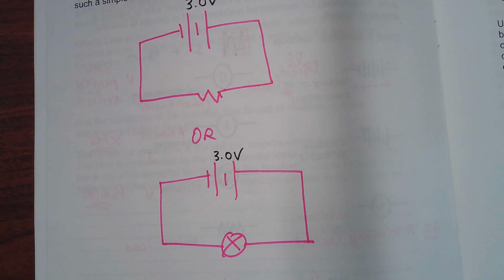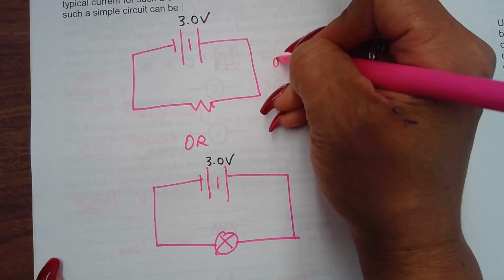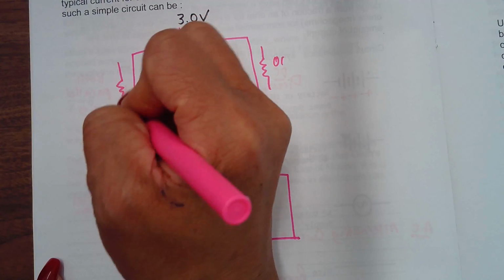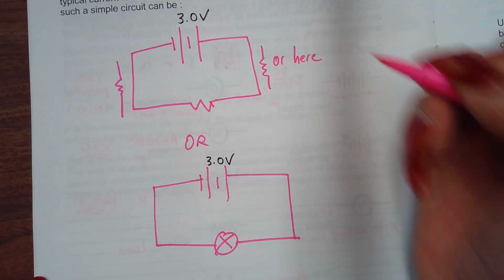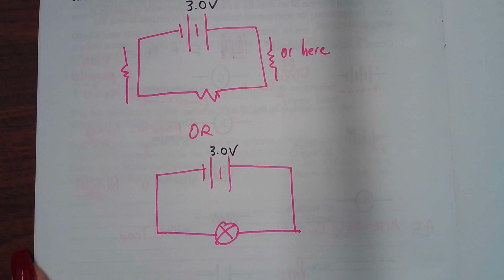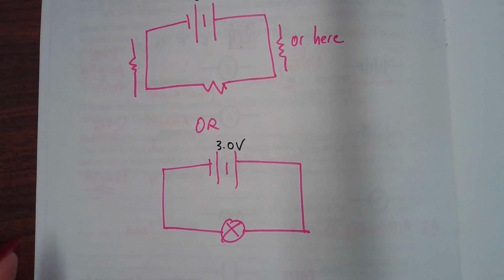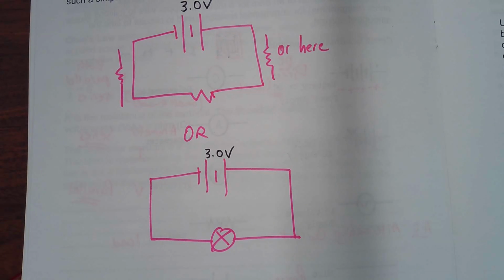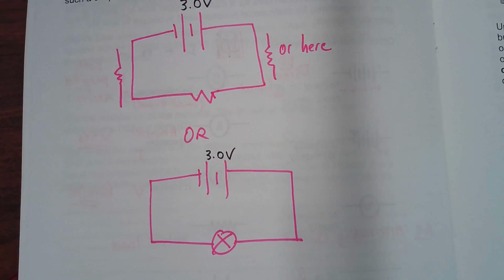You could put this anywhere. It could be here, or the resistor could be here or here. It doesn't matter, as long as it is in the path anywhere. So I just put it right there on the bottom. So there's a circuit. You got the three parts right there: the power source, the path, the wire, and the load.